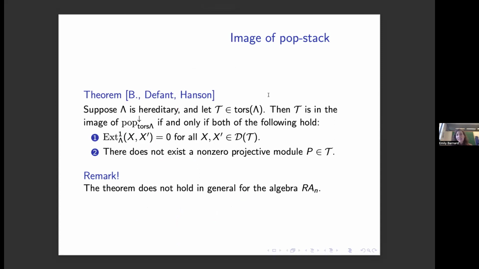So a torsion class is in the image of this pop stack sorting method if and only if there are no extensions between any of those down labels, those modules in the set D, and there's no projective contained in your torsion class. It turns out that this theorem doesn't hold for the algebra that's been my running example, but for this algebra, the images had also already been studied.